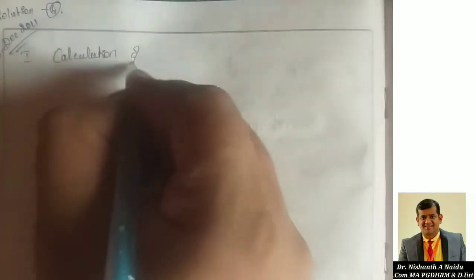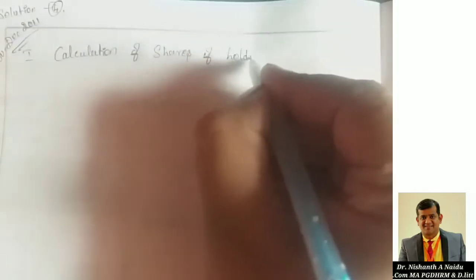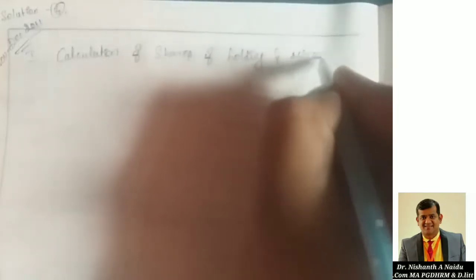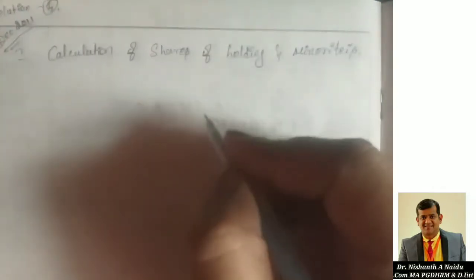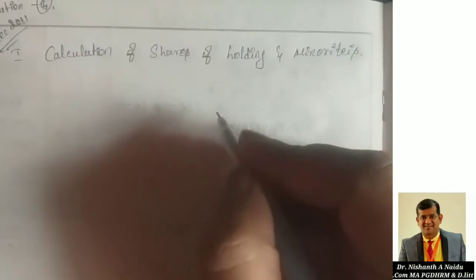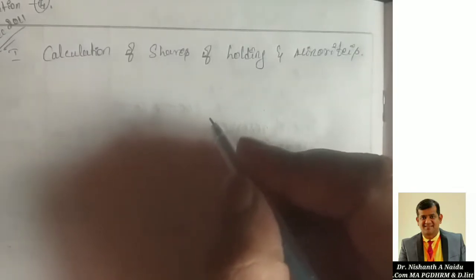Let us look into the first step, that is calculation of shares of holding and minorities. Now check out the liability side.